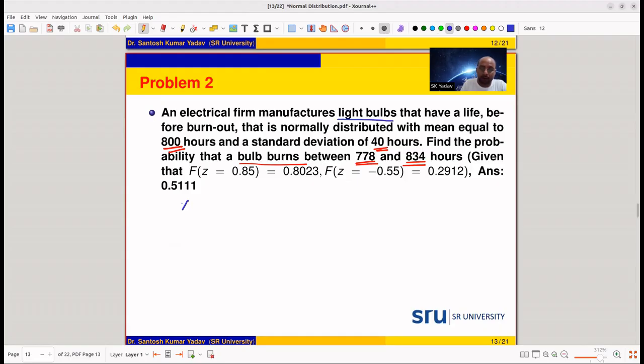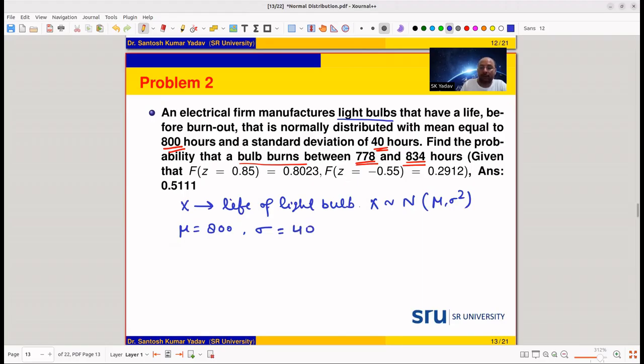So X is the random variable denoting the life of a light bulb, and X follows a normal distribution with mean mu and variance sigma square, where mean is given as 800 hours, although the unit is not required here, and sigma is given as 40 hours.